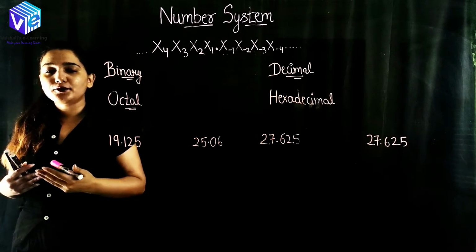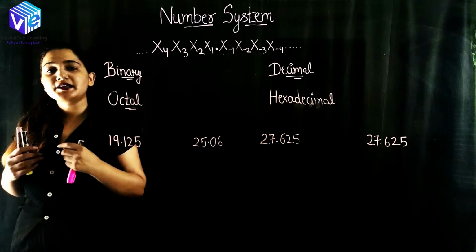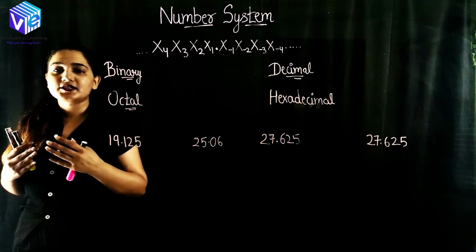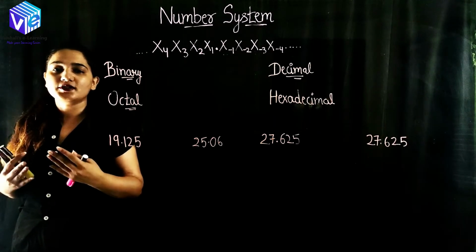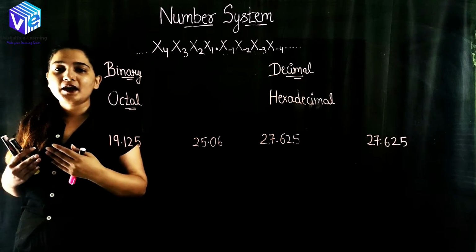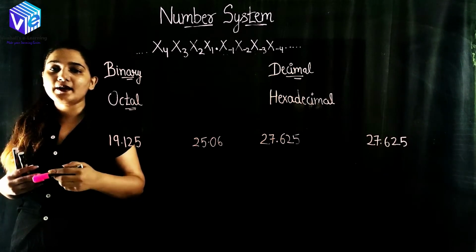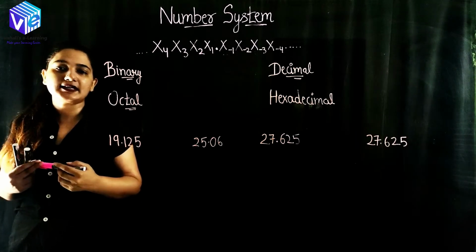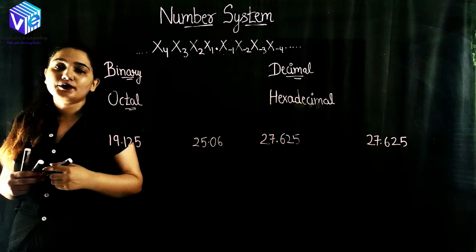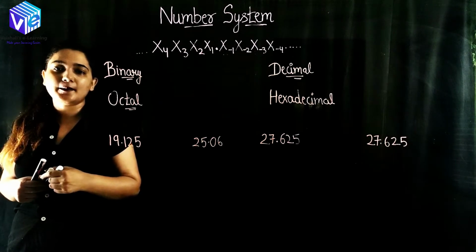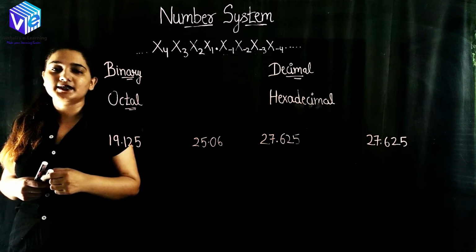I already told you in my previous video, if I need to talk to any digital circuit, or process any signal with the help of digital circuits, I am just dealing with two numbers, that is 0 and 1. Till now we have only studied the decimal number system.